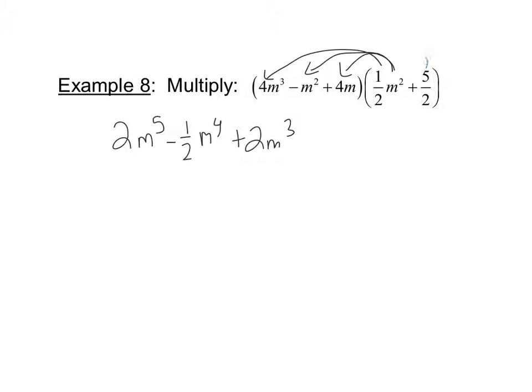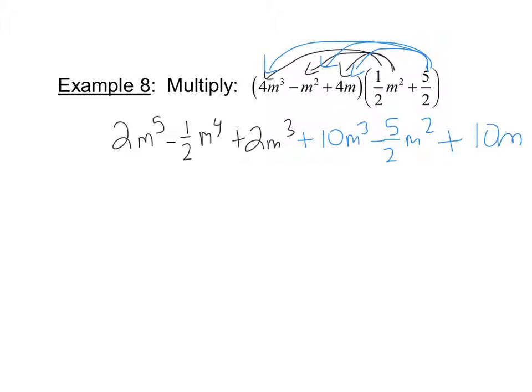Now we got to go to this one. 5 halves times 4 is 10. m to the third minus 5 halves m squared plus 10m. So now combine like terms.